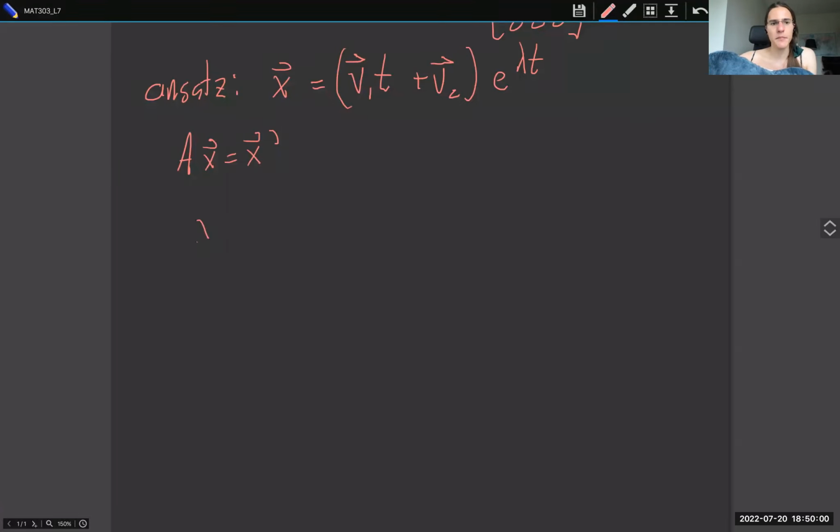Well, x prime is equal to, well, we can differentiate this or we can differentiate this.